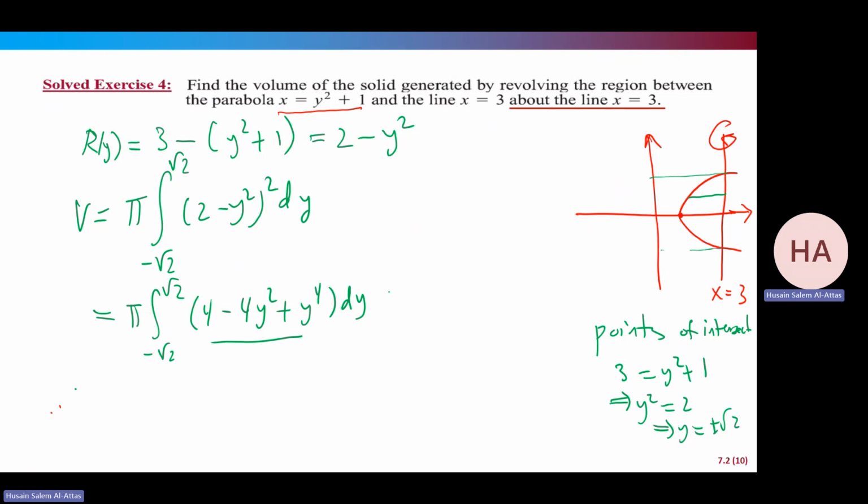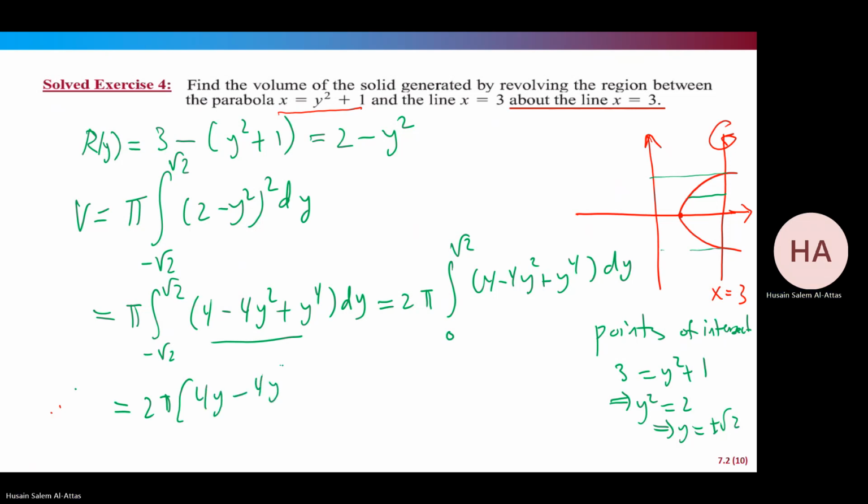Very clear, an even function, just to make the calculation easier. Multiply by 2, make it from 0 to square root of 2 dy. So that gives me what? 2 pi times what? 4y minus 4y cubed over 3 plus y to the power 5 over 5 from 0 to square root of 2.